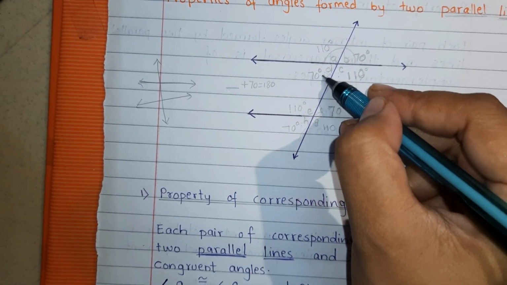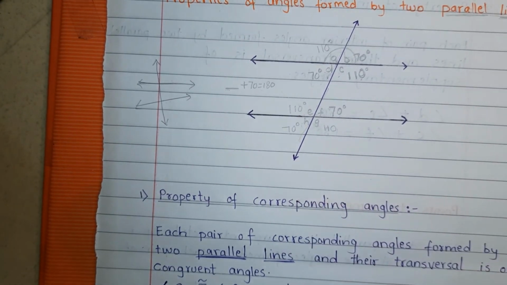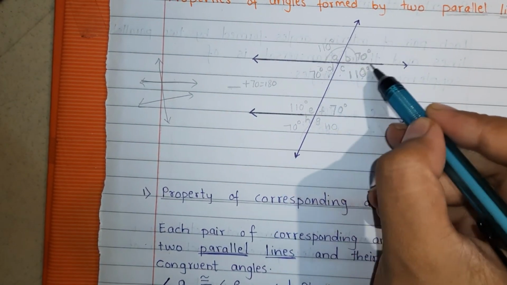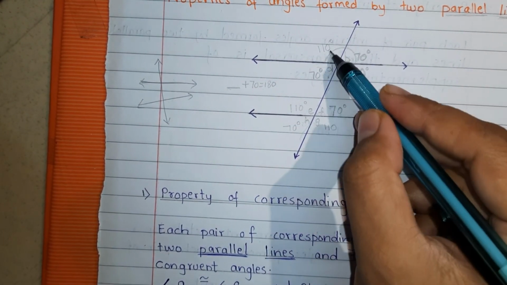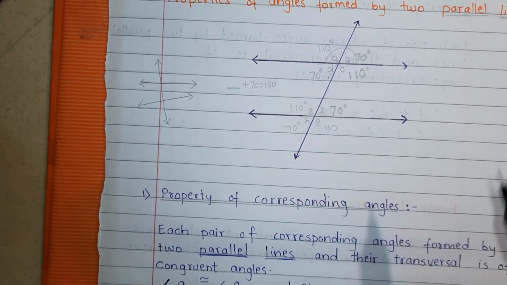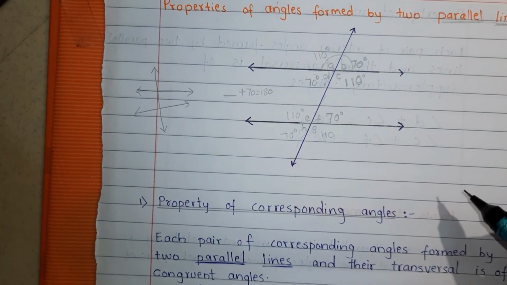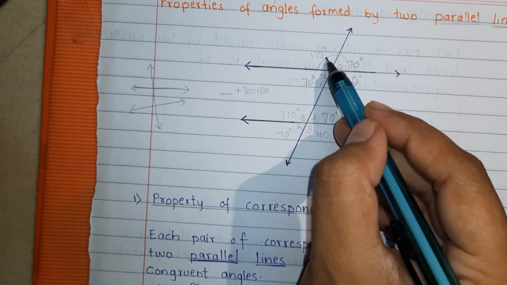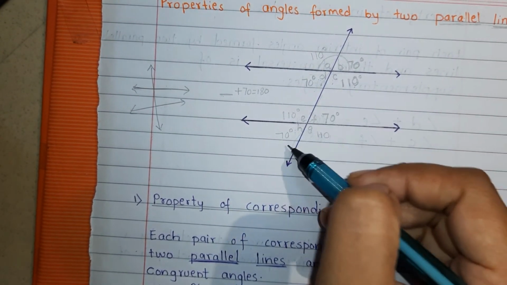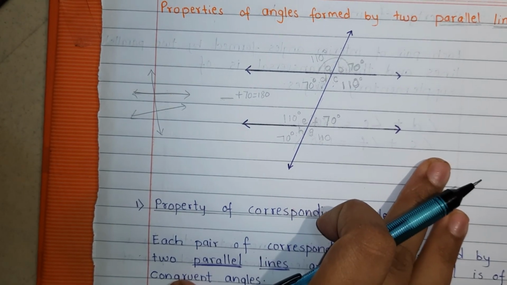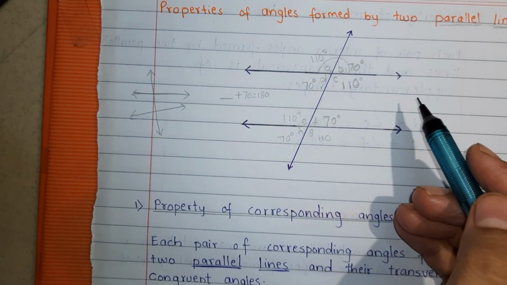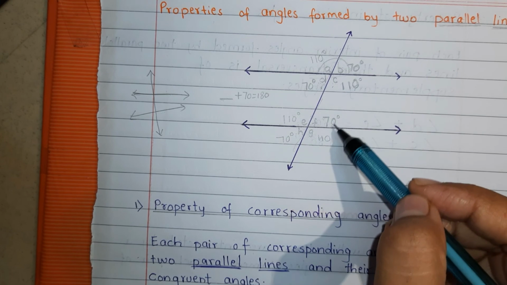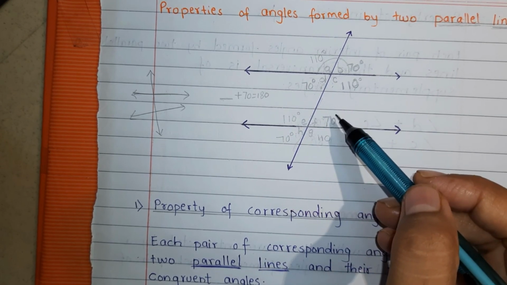So all the acute angle measurements will be the same, and all the obtuse angles will measure the same: 110, 110, 110 and 110. By using these properties of linear pair and vertically opposite and the 3 properties which we have studied, we can find the measurement of the remaining 7 angles.